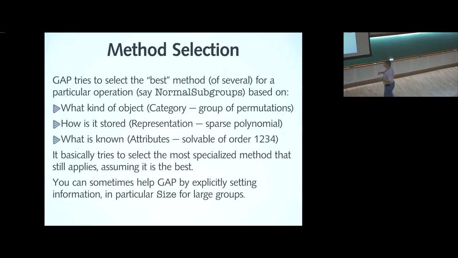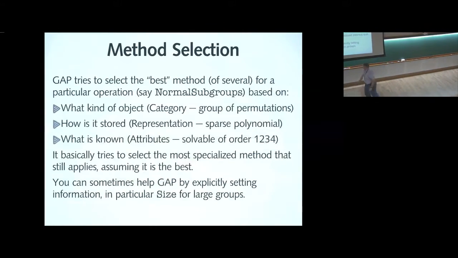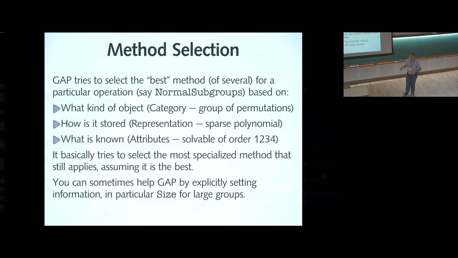But what we want is that if some operation gets called, say, normal subgroups, there are different ways how it is implemented for different groups, and this can depend on what kinds of objects they are. Is it a group of permutations? Is it a group of matrices? Is it a group given by a PC presentation? Is it some very generic group where the only thing you have is a multiplication and an inversion?